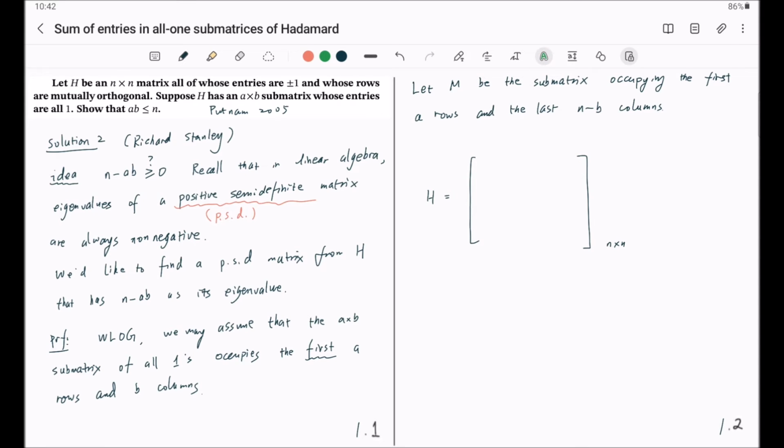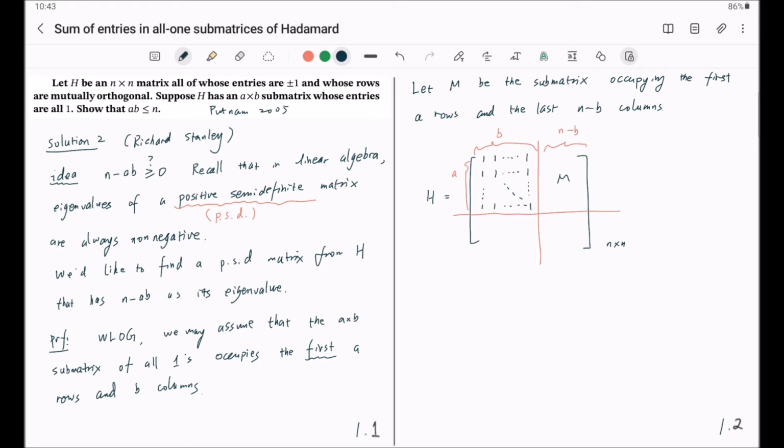Now we have moved all of the entries in this A by B submatrix to the top left corner. So this is that A by B submatrix. And M is here. M has A rows, but n minus B columns.